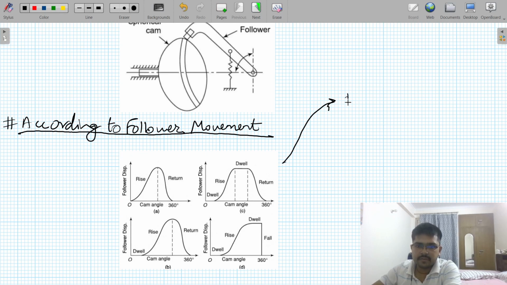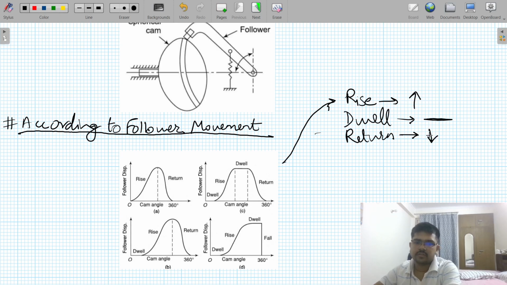Rise means that the follower moves up. Dwell means that the follower stays in the same position. And return means that the follower comes to its original position.